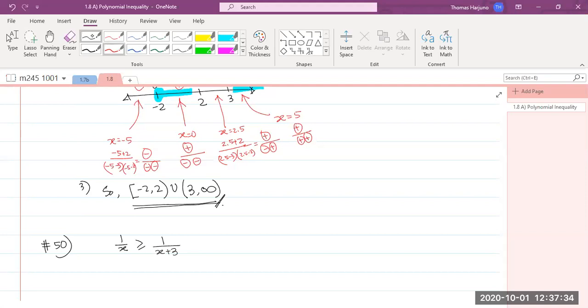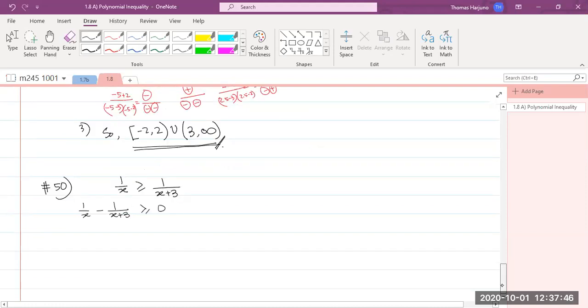In fact, what we will do is move one side such that the other side is 0. So let me decide to move this to the left. And then simplify. We learned how to simplify fractions before, right? In fact, I believe this was part of your homework problem.